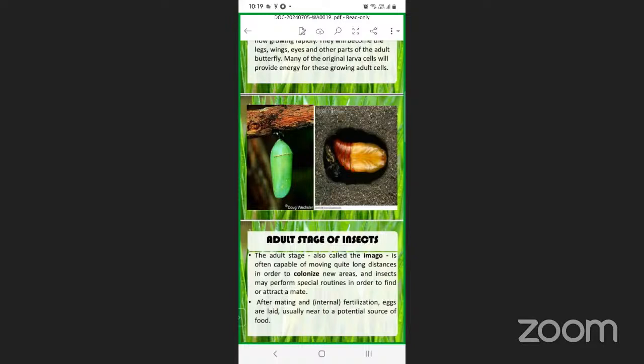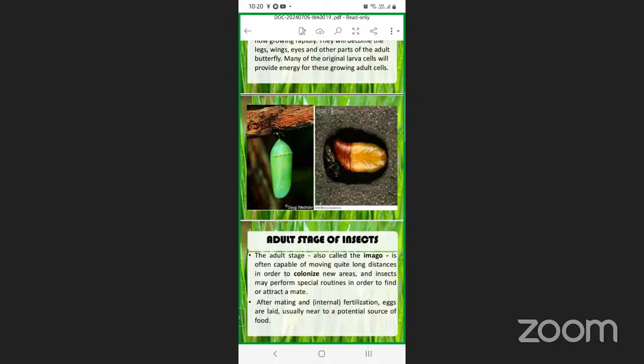We also see the juvenile hormone. The corpora allata secrete this juvenile hormone, and it inhibits the development of adult characteristics in the larval instars.